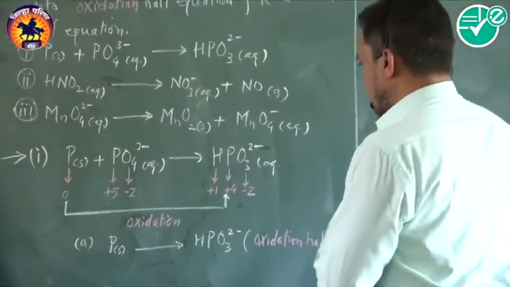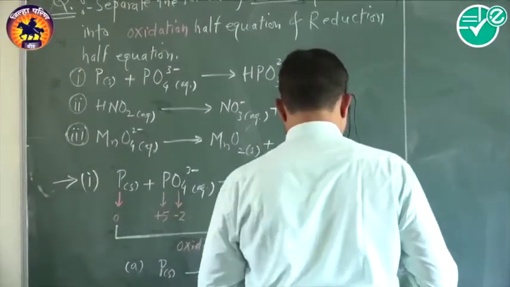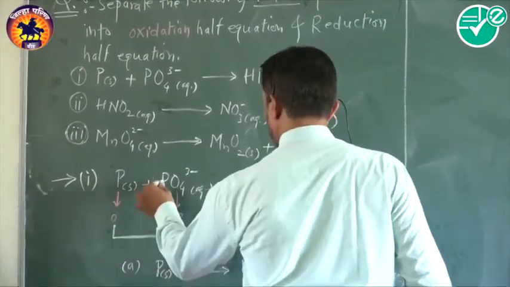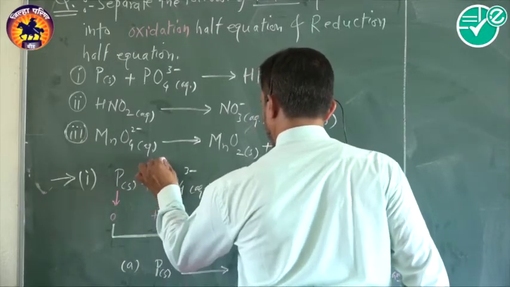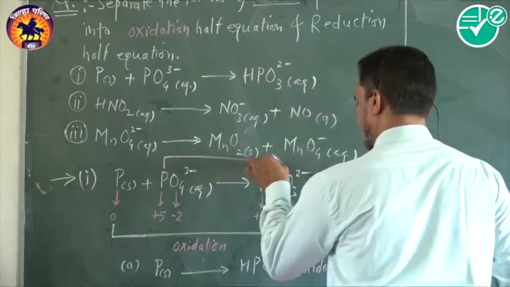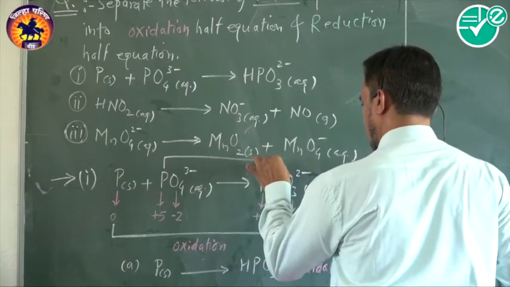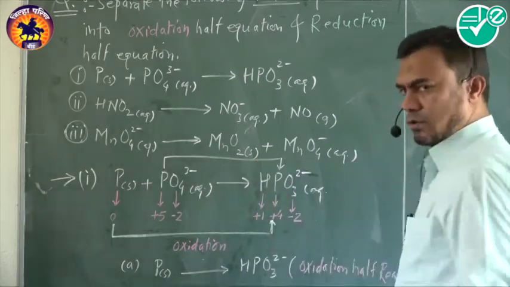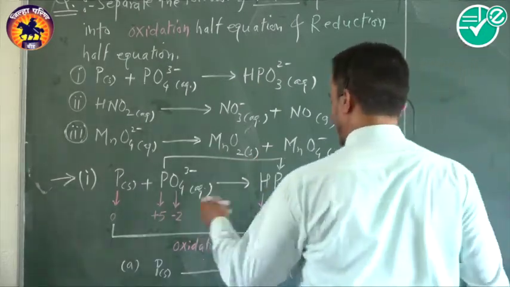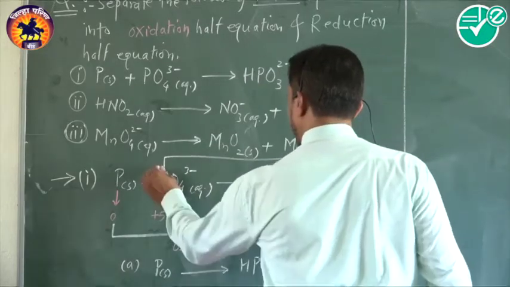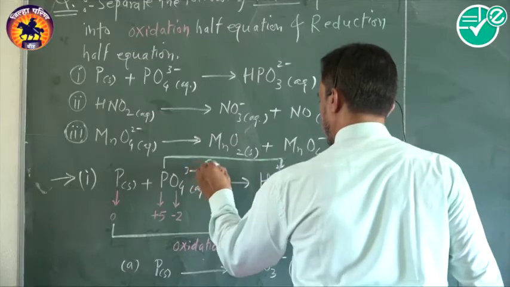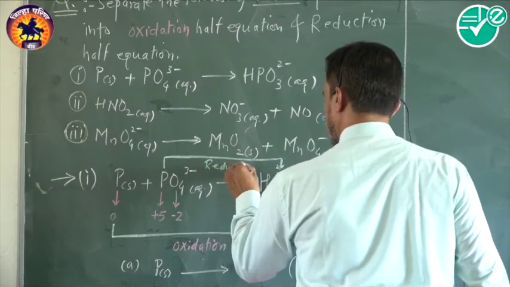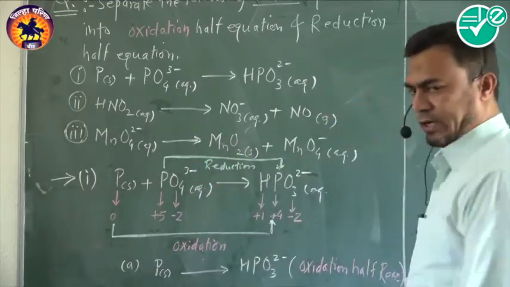Look at the other one. Here the phosphorus whose oxidation state is +5 in the reactant changes to +4 in the product. So here the oxidation number decreases, therefore this reaction is reduction. So we call it the reduction half reaction.